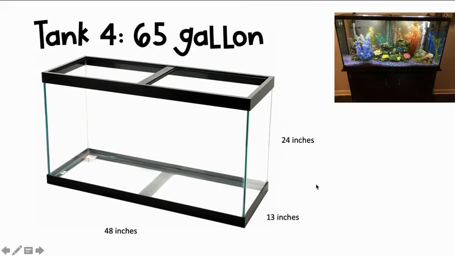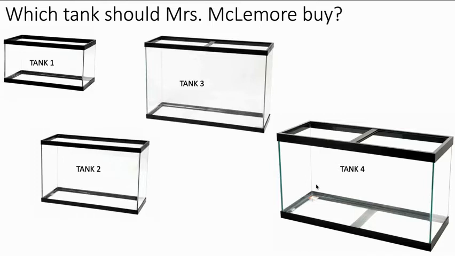Calculate the volume of this rectangular prism, or in this tank. So now I need you to look at the 4 volumes that you found for tank 1, tank 2, tank 3, and tank 4. Which tank should I buy that will accommodate, remember it has to be larger than 7,000 cubic inches, but smaller than 10,500 cubic inches.